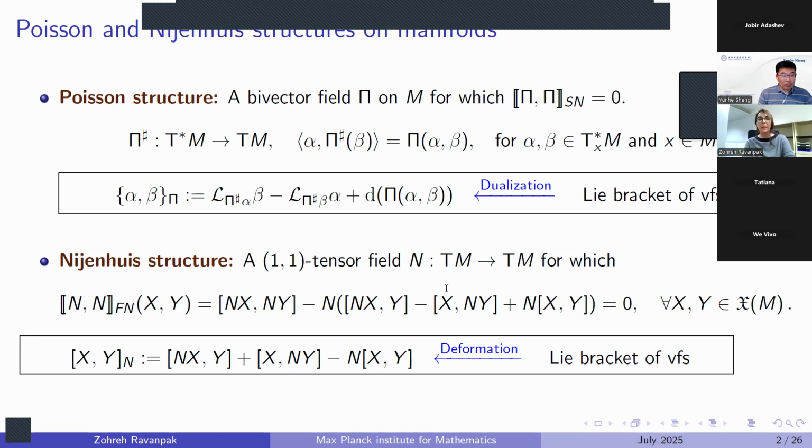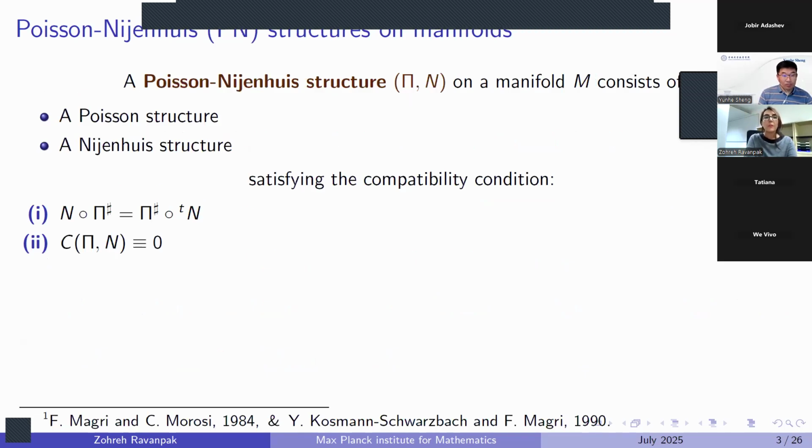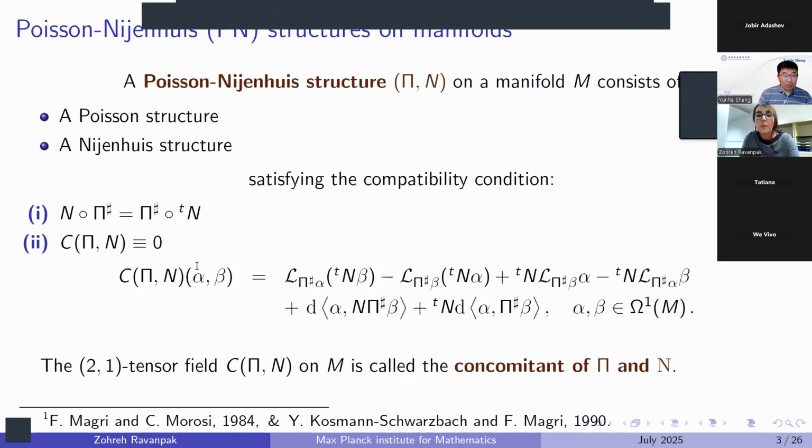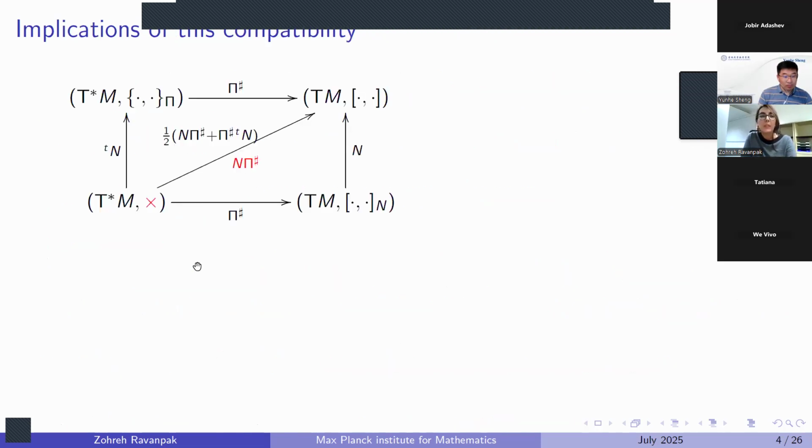Now, having a Poisson structure and a Nijenhuis structure, we can construct a Poisson-Nijenhuis structure if they satisfy two compatibility conditions. The second one is called the concomitant of pi and N, and it shows the interaction between pi and N. What the compatibility condition says can be captured in this diagram. Consider this diagram.